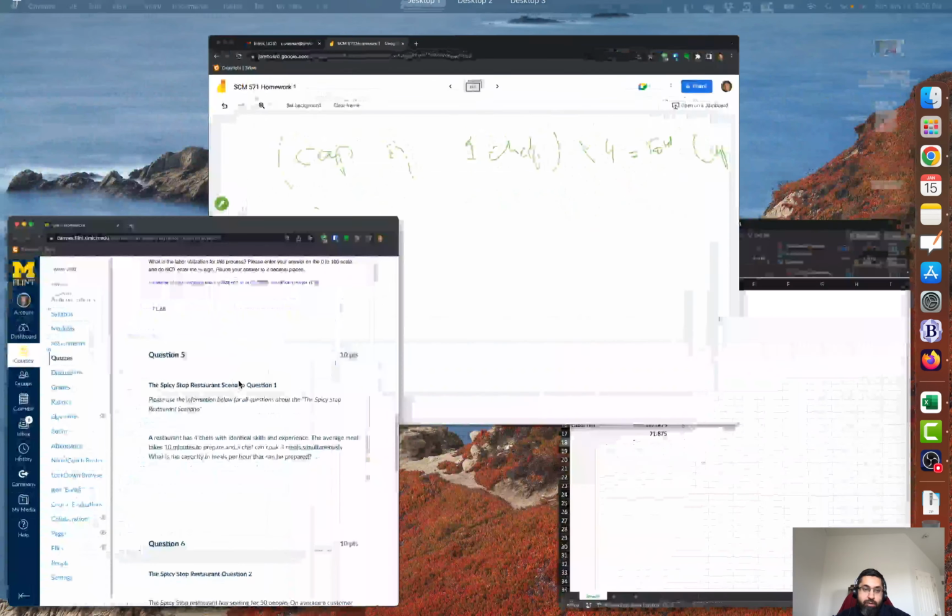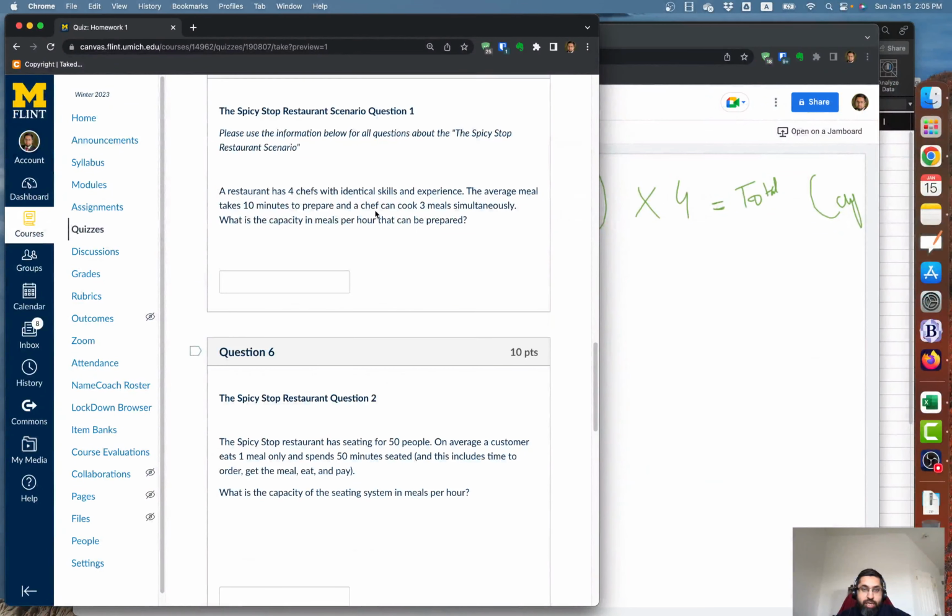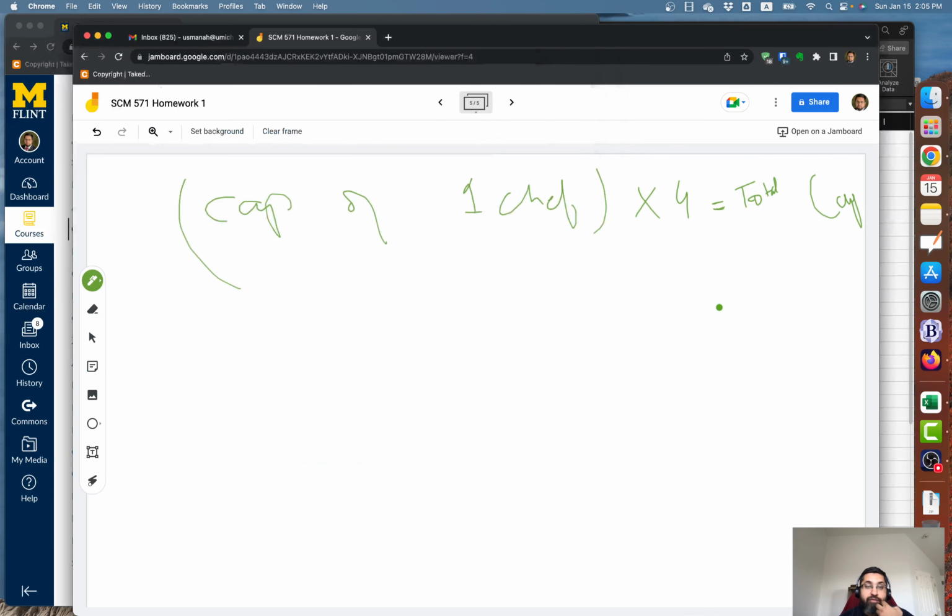Because they're identical. Okay? The question says the chefs have identical skills and experience. Each chef works at exactly the same pace. If they were not identical, then you would do something like this. You would say total capacity equals capacity of chef 1 plus capacity of chef 2, because they're working in parallel, so capacities add up. Remember, when things happen in parallel, capacities add up.